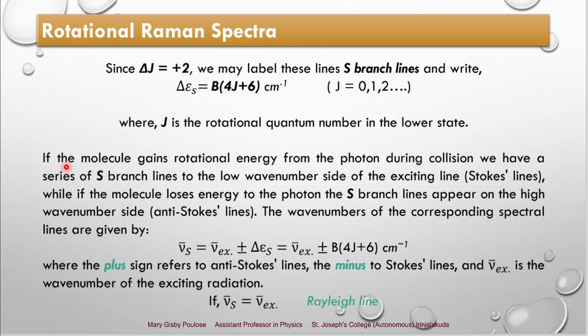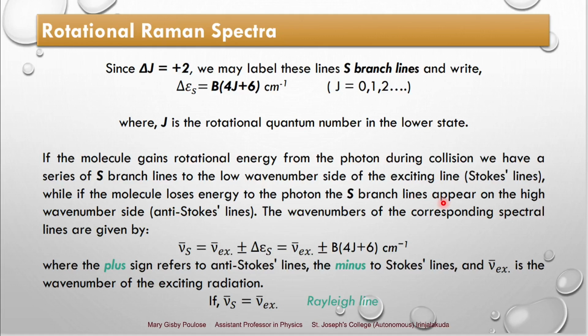So here let us understand that if this molecule gains rotational energy from the light incident on it, we have a series of S branch lines to the lower wave number side of the exciting line. Now, if the molecule loses energy to the incident light, we have the S branch lines on the higher wave number side of this exciting line.